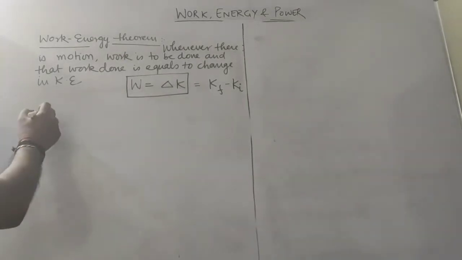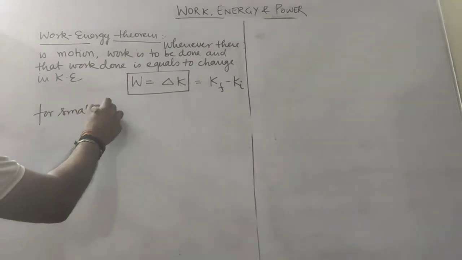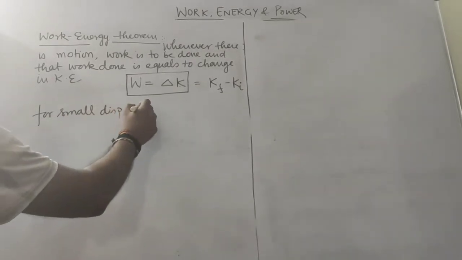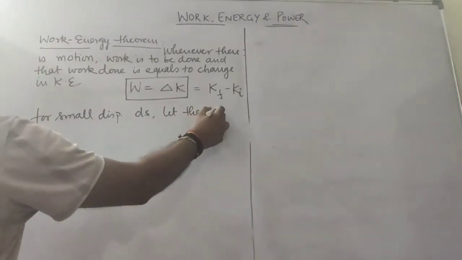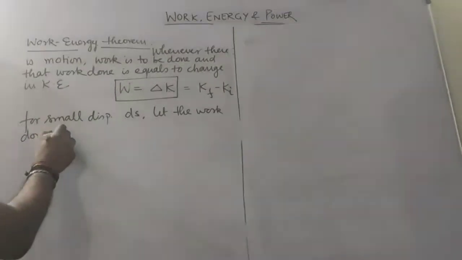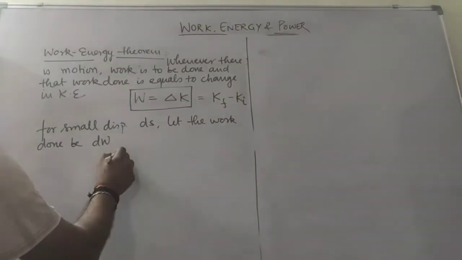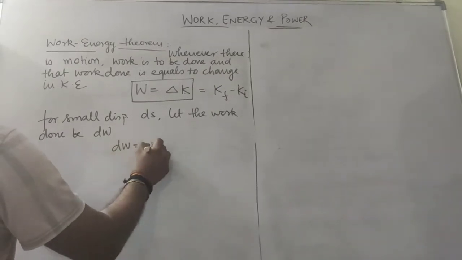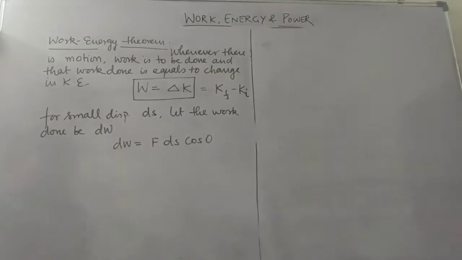So here again, for a small displacement ds, let the work done be dW. So dW is equal to F ds cos 0 if you are moving in the same direction.